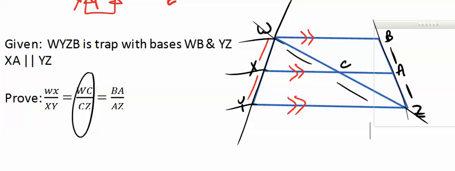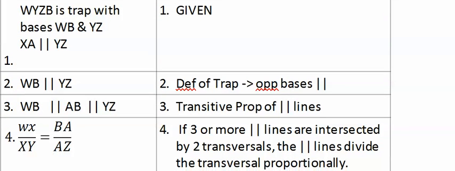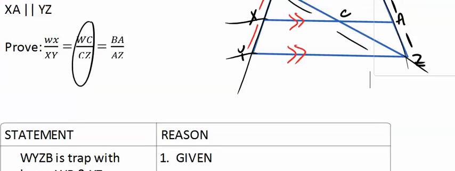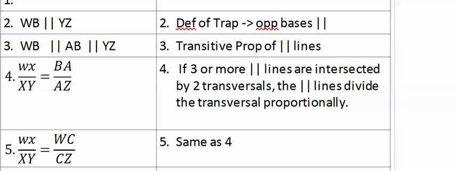So what that will do in this case, and we'll start with just a couple of segments, is we'll start with WX over XY is equal to BA over AZ. Which is this one and this one. We can then say the same thing about WX over XY is equal to WC over CZ for the same reasoning.